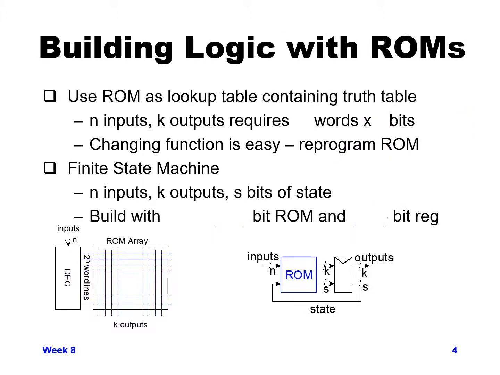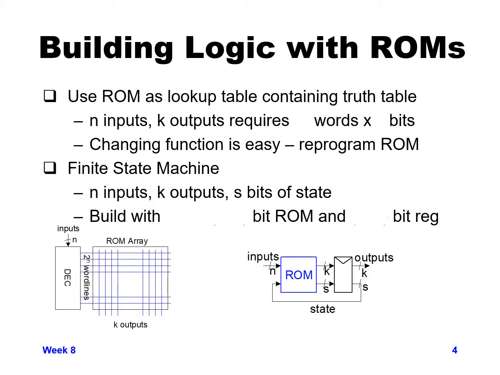One thing that's commonly done is we can use a ROM to help build a logic function. For example, you can use a ROM as a lookup table that contains a truth table.